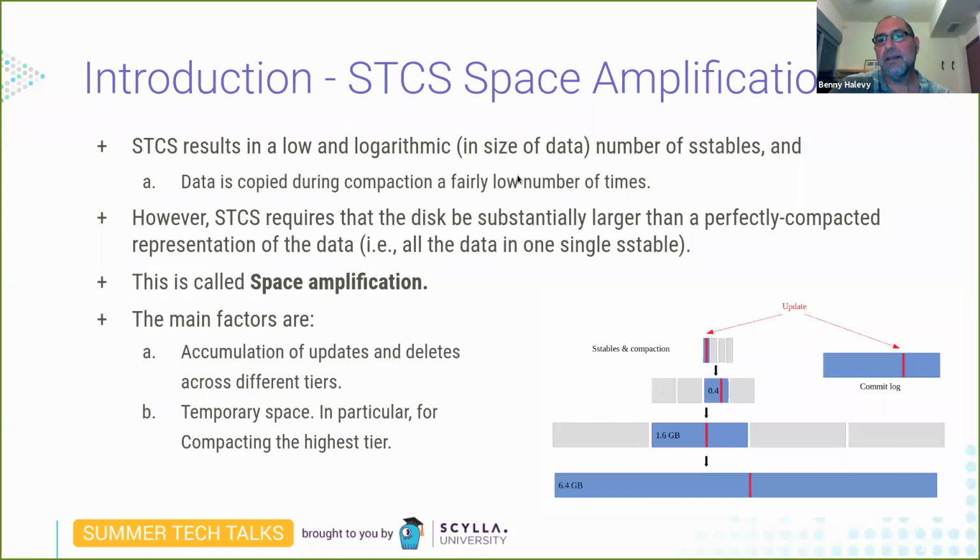In this case, temporarily, STCS will need twice the amount of disk space to hold both the original copy of the data and the compacted SSTable output. We will later see this temporary space being used when we show the case study and show you the actual graphs taken from STCS.